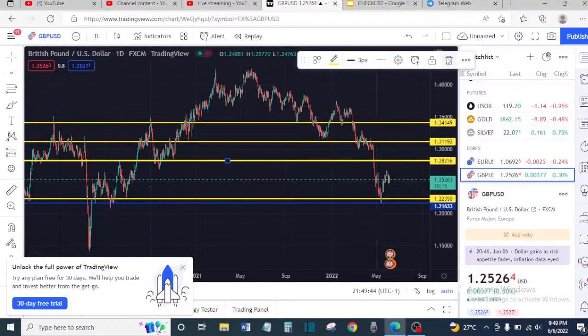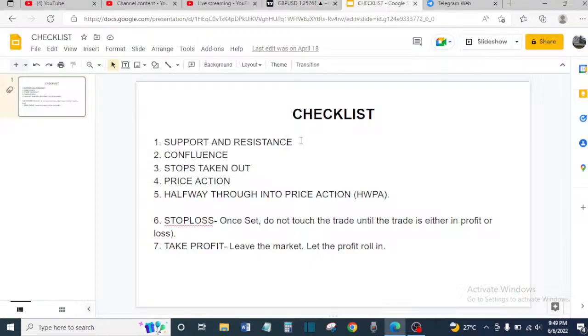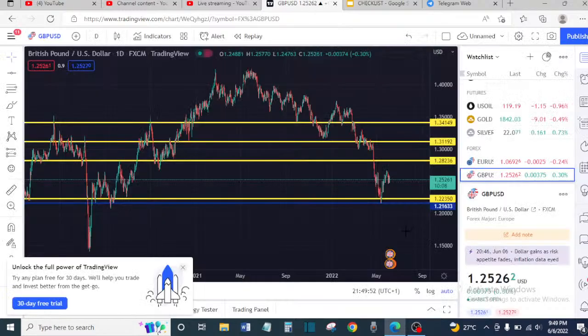So now, what is next on our checklist? Price action. Do we have price action in that area that can drive the price up?